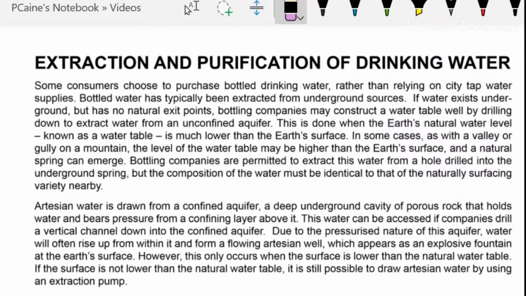This first part was quite a simple strategy. If you watch the video, you'll see that I read the title and I see the keywords: extraction, purification, drinking water.